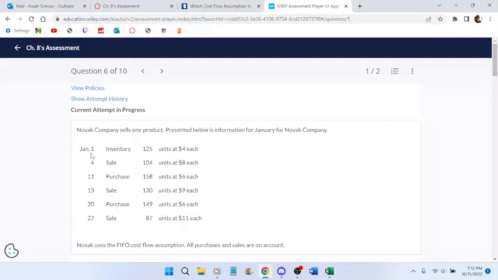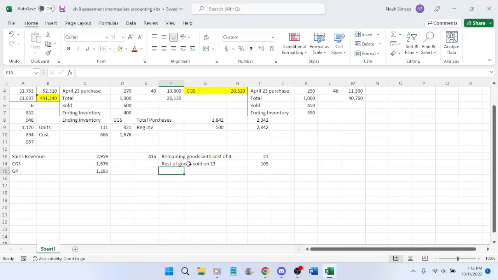They sold 109 more units in addition to these. So they sold 109 of these units, which had a cost of 6. So this was cost of 4 and cost of 6.